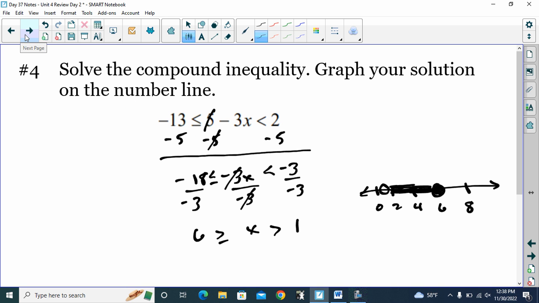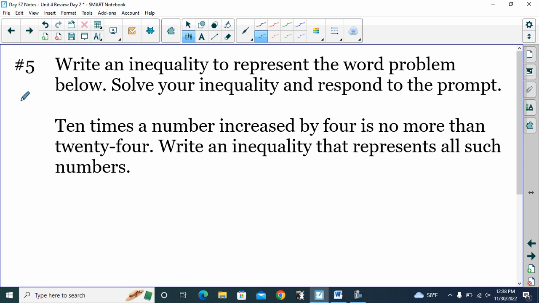And then the last topic, and we have a few examples like this, are these story problems. We are asked to write an inequality to represent the word problem, and then we're going to solve the inequality and respond to whatever prompt there is. And then the word problem says 10 times a number increased by 4 is no more than 24. 10 times a number, we don't know what that number is, so let's call it a variable.